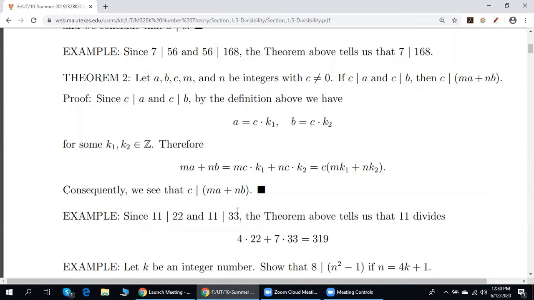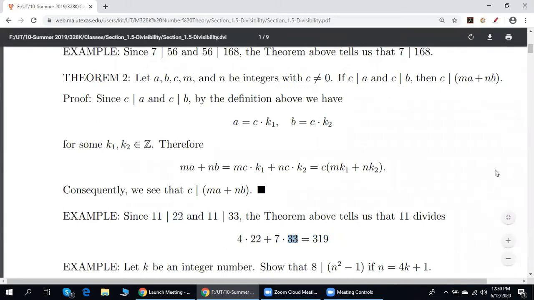In particular, 11 divides 22, 11 divides 33, therefore 11 divides 319 because 319 is an integer linear combination of 22 and 33.